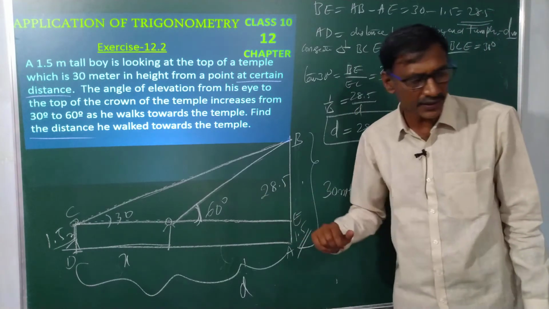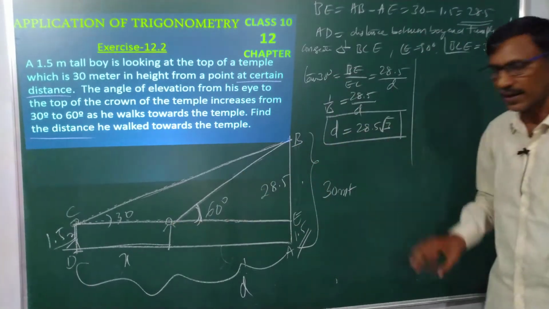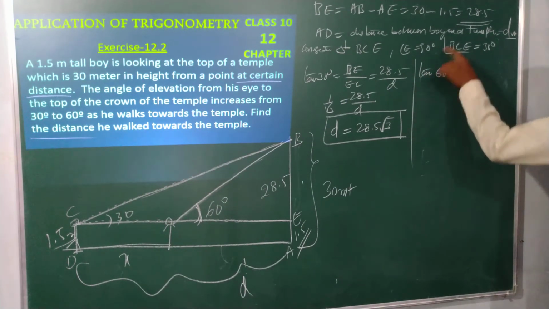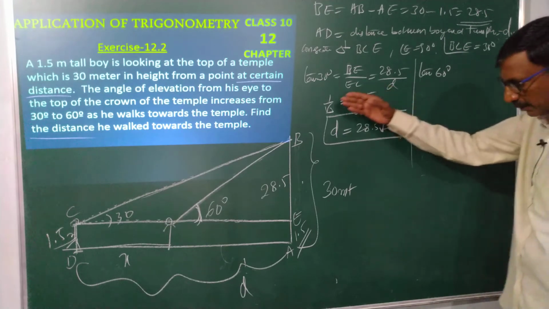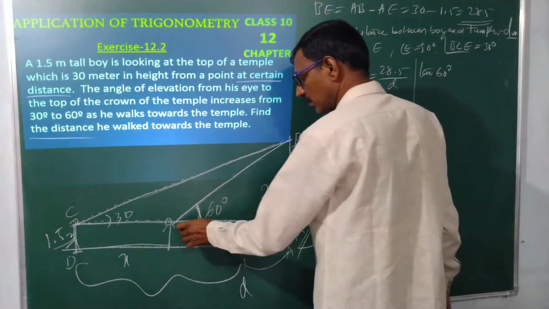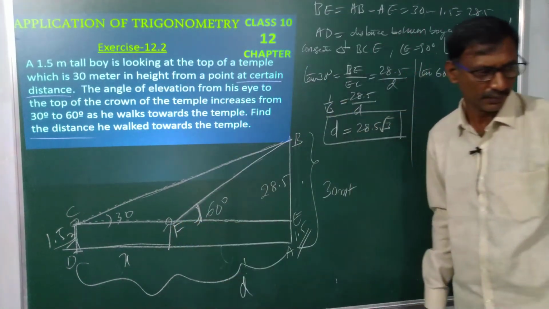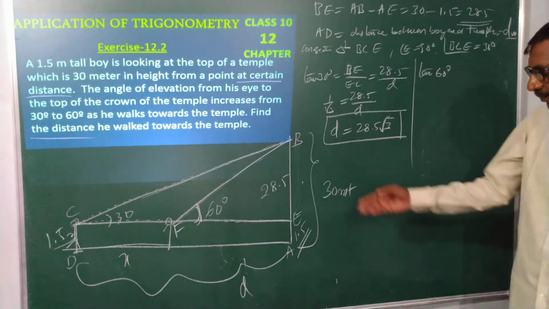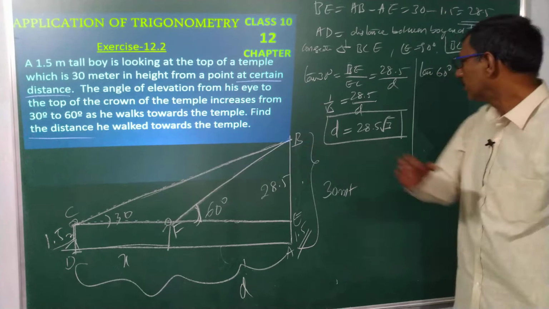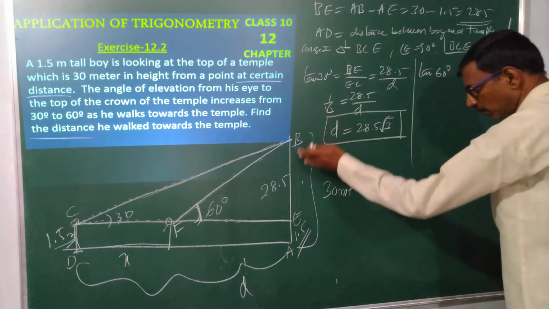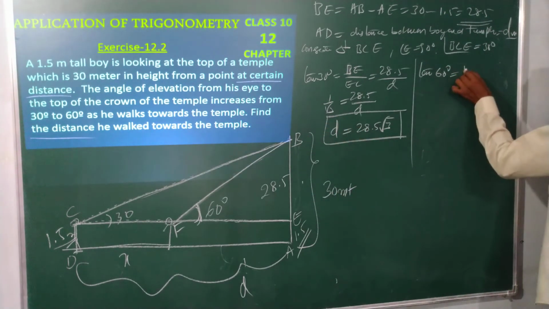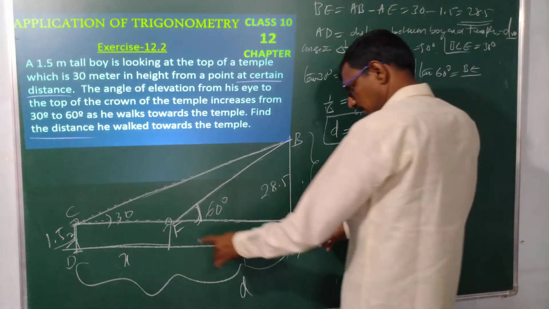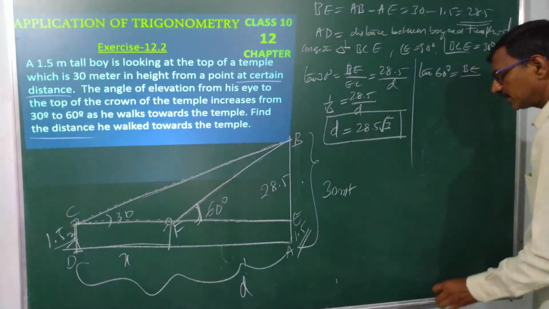By observing this right angle triangle, tan 60 degrees is equal to the opposite side BE divided by the adjacent side EF.